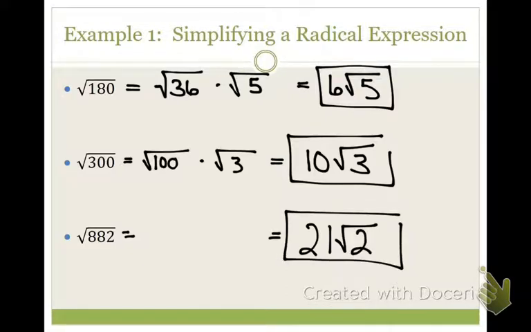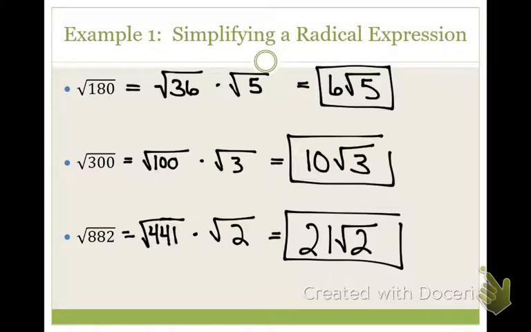Now, what does that mean about your perfect square factor? 441 times 2. So we're breaking down a larger number into its factors, and one of the factors is a perfect square. It's not in simplest form until what's under the radical doesn't have any other perfect square factors.